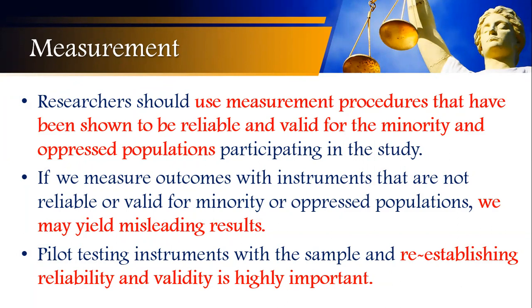But it's very important that we ensure that the measurement tools that we're using in our studies are reliable and valid, and not just reliable and valid, but appropriate for use with the minority and oppressed populations that are taking part in our study. If we use measurement outcomes with instruments that are not reliable or valid for minority or oppressed populations, we may yield misleading findings. Pilot testing instruments with the sample and reestablishing reliability and validity is highly important.